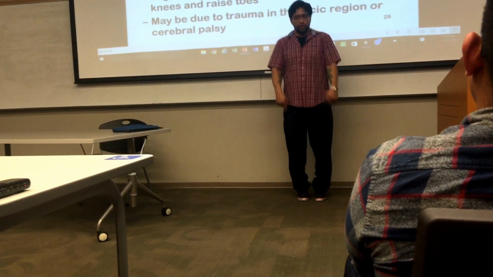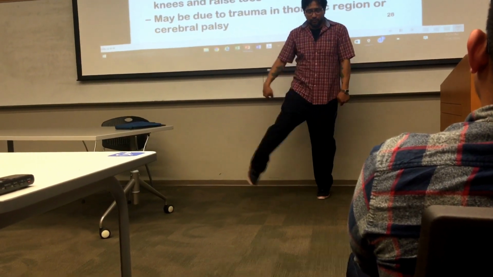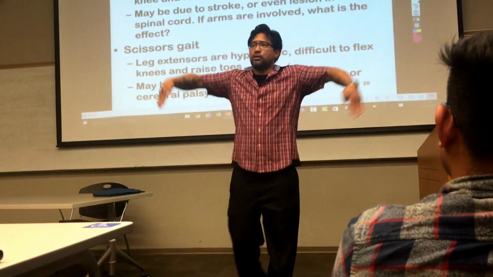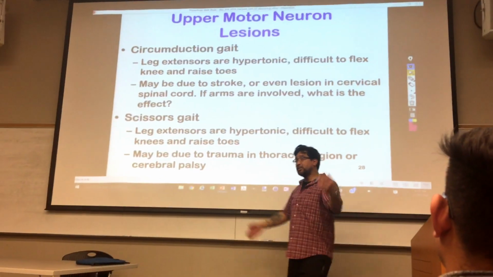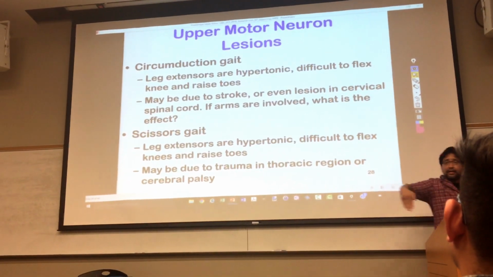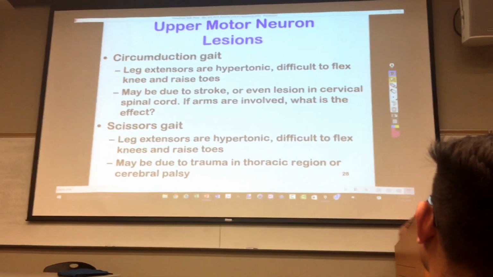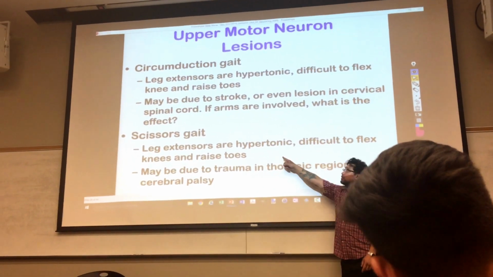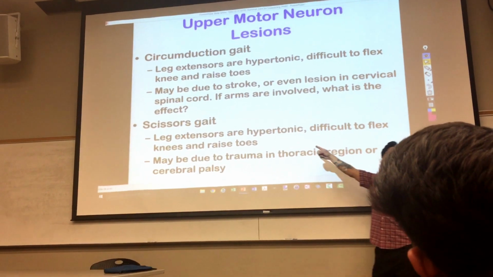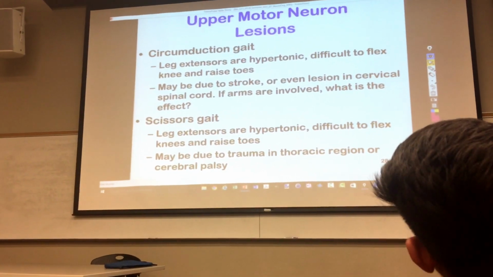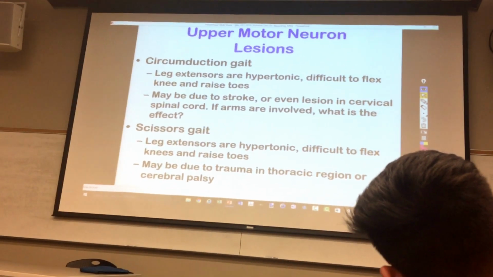So your toes are pointed, and you do this, and you walk like that. So what does it look like I'm doing? Scissoring. That's why it's called scissors gait, because my feet and my legs are scissoring across each other. That's if it's affecting both sides. It's because you have hypertonia for your muscles that are working against gravity, so you cannot flex your legs very easily.